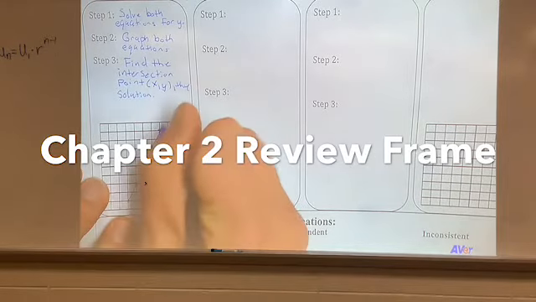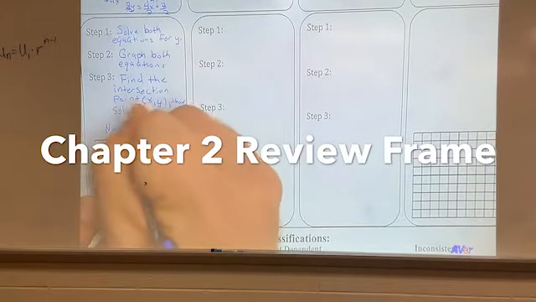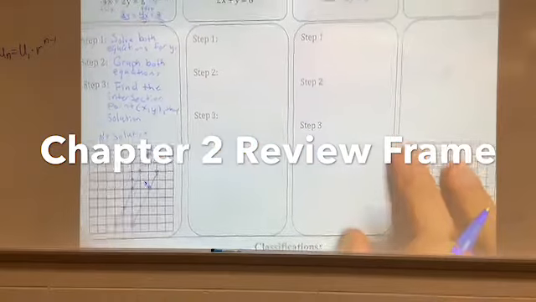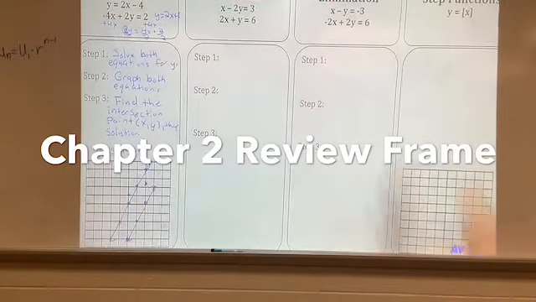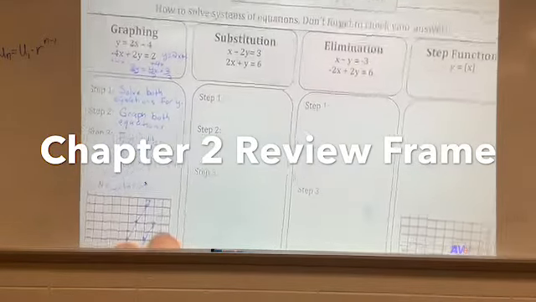So we could graph those, and then we would put no solution. Again, you could graph those by hand. You could also graph by technology. So that was the graphing method.